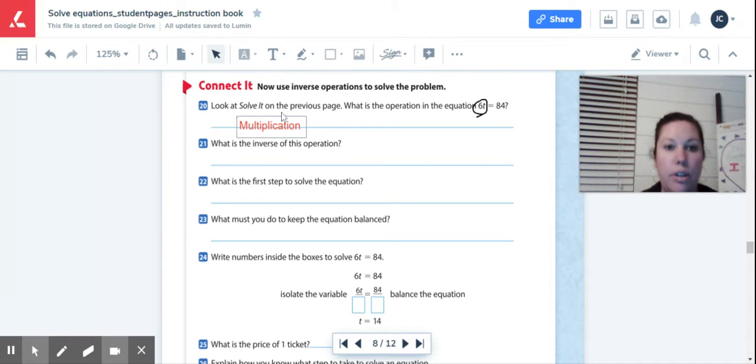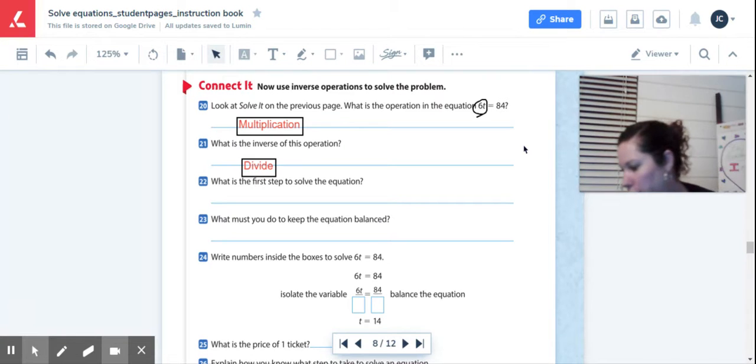So what's the inverse operation? What are we going to do to isolate t? We're going to divide, or division. Either word works. It means the same thing. So what is the first step to solve this equation? What do we have to do first?